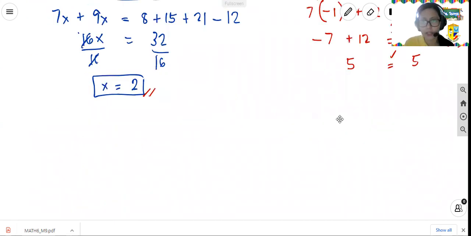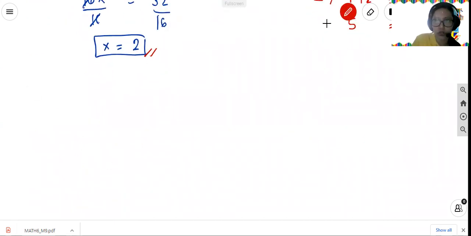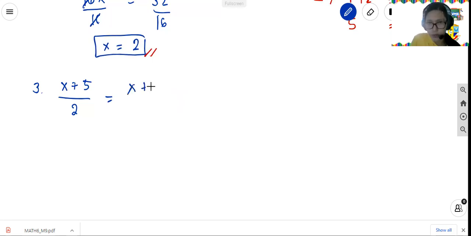Okay, for the last question, I hope that you also got this right. We have x plus 5 over 2 is equal to x plus 4 over 3. So again, if you have this kind of question, all you need to do is multiply by its LCD. So the LCD of 2 and 3 is actually 6, right? So 6 divided by 2, that's 3.